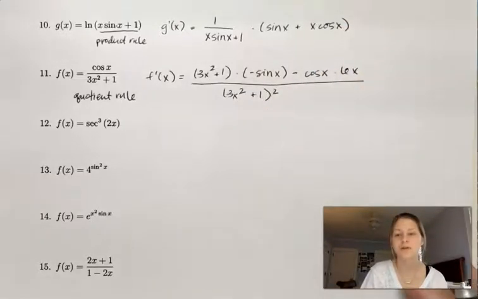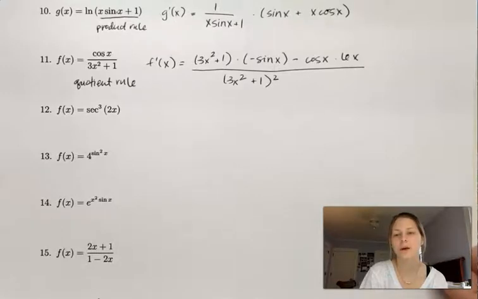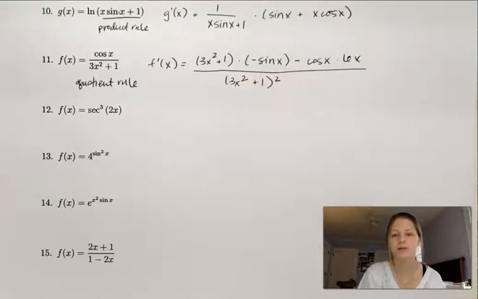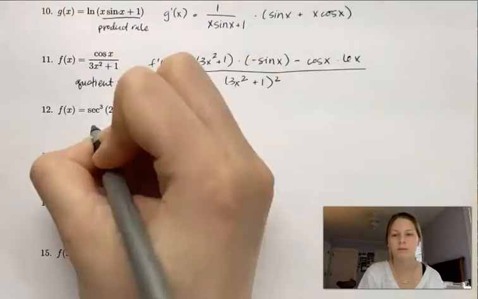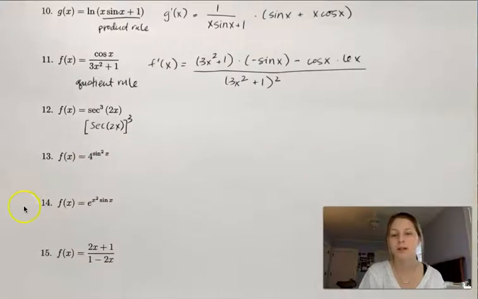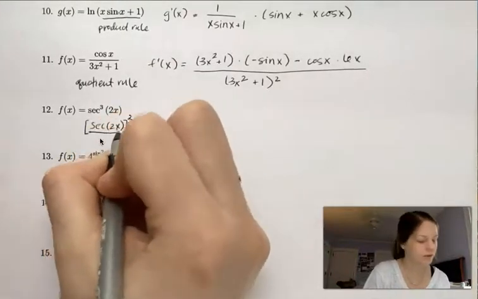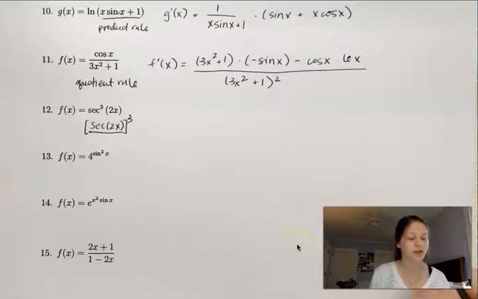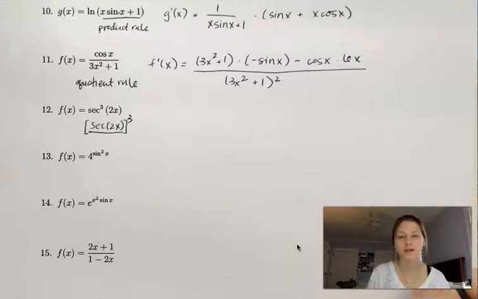So for number 12, we're going to start by rewriting the question so that it's easier to use the power rule when we're solving the derivative. Okay, so you can see I've rewritten the question here. And this is a hard question because there are 3 functions, 3 outside functions, so we have to do the chain rule twice.